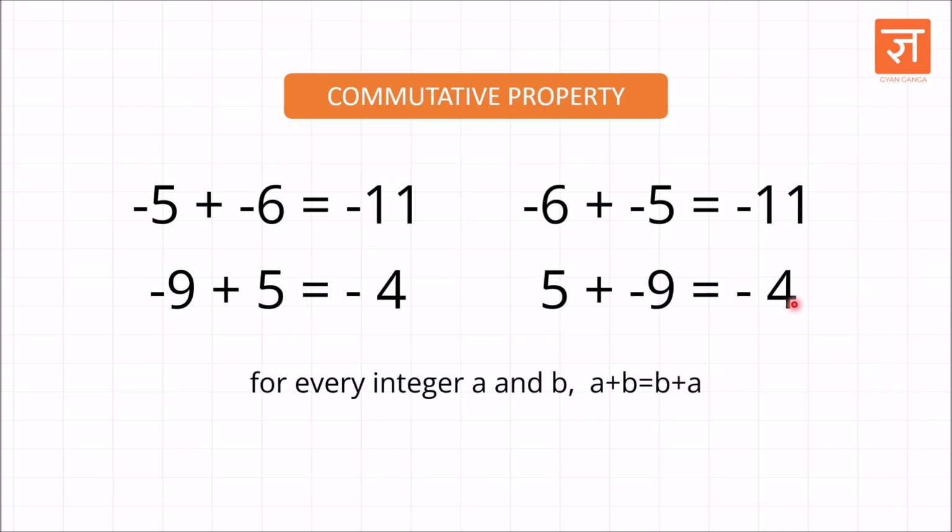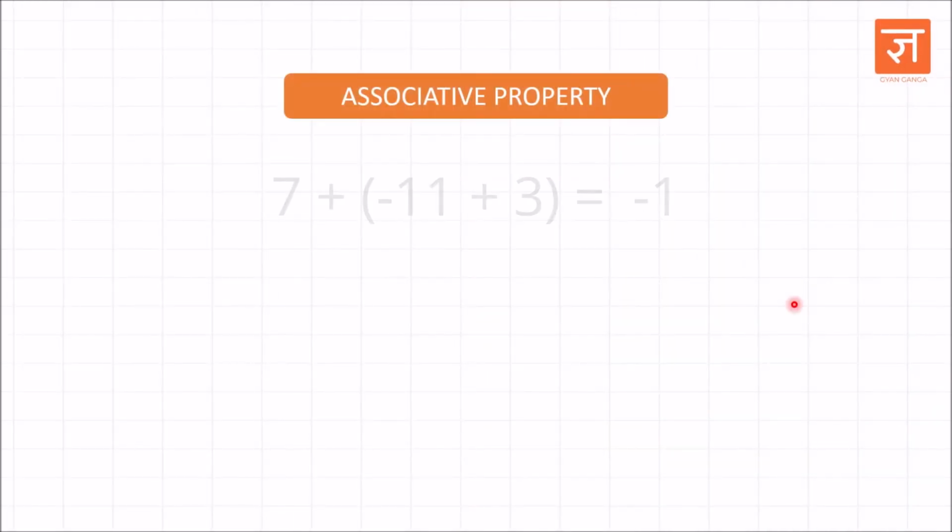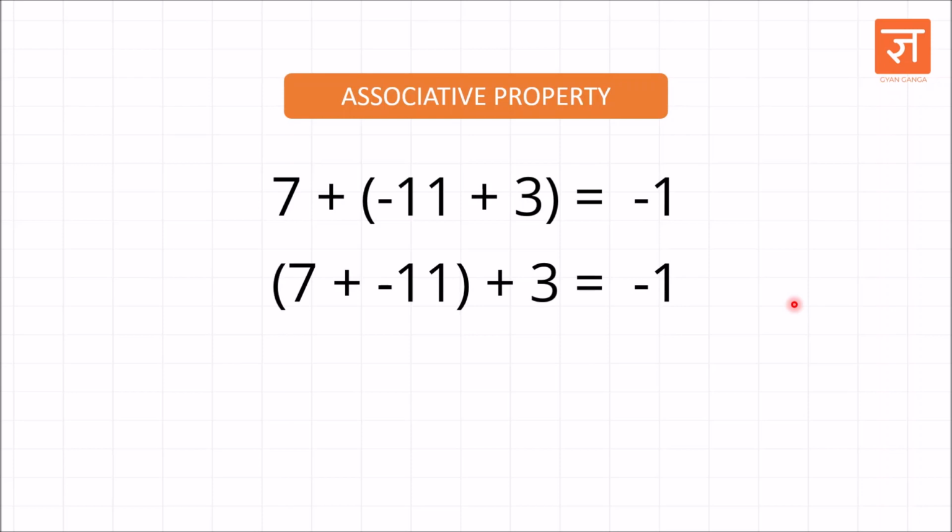Okay. Next, associative property. We have 7 plus minus 11 plus 3, which we can solve as minus 1. And if we have 7 plus minus 11, then we add minus plus 3, again we have minus 1.